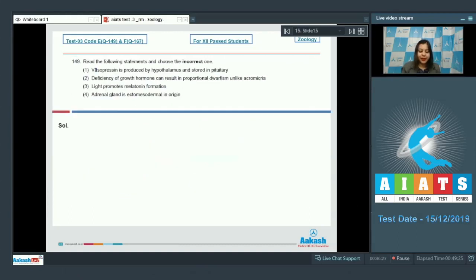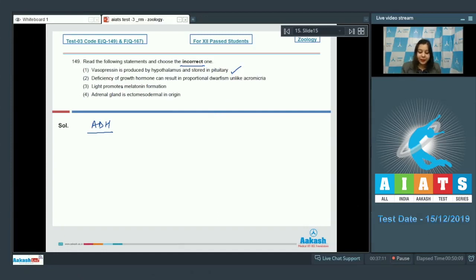Question number 149. Read the following statements and choose the incorrect one. Number 1. Vasopressin is produced by hypothalamus and stored in pituitary. This is a correct statement as vasopressin is ADH, that is anti-diuretic hormone, which is produced in hypothalamus and transported to the posterior pituitary through the axoplasm of nerve fibers from hypothalamus to the posterior pituitary.